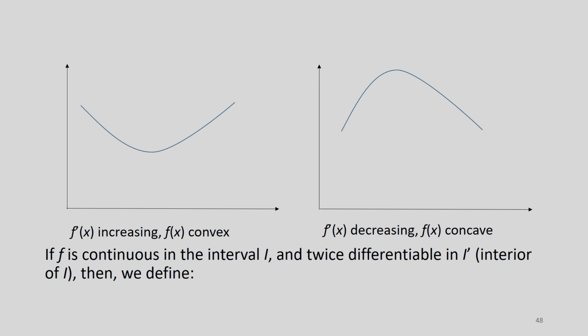If f of x is continuous in the interval I and twice differentiable in I dash, what is I dash?